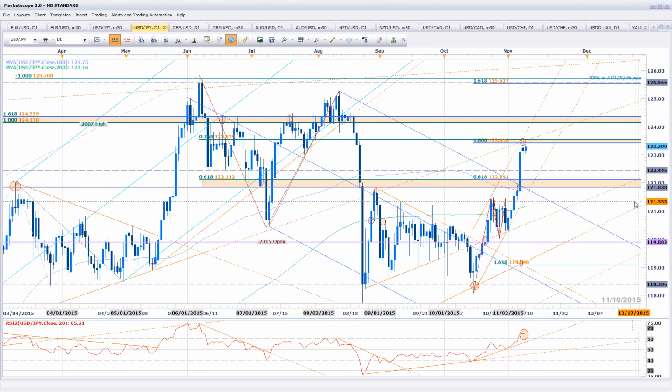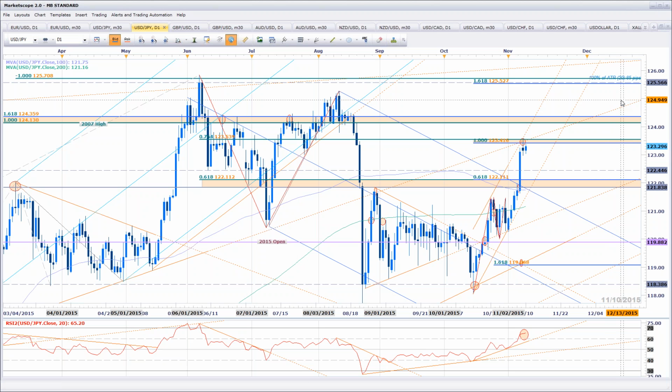But risk is for a little bit of a pullback against this resistance region. If you do, you'd look to buy a decent pullback towards 122.44. Major key support, basically the 122 handle. All right, so that is dollar yen.